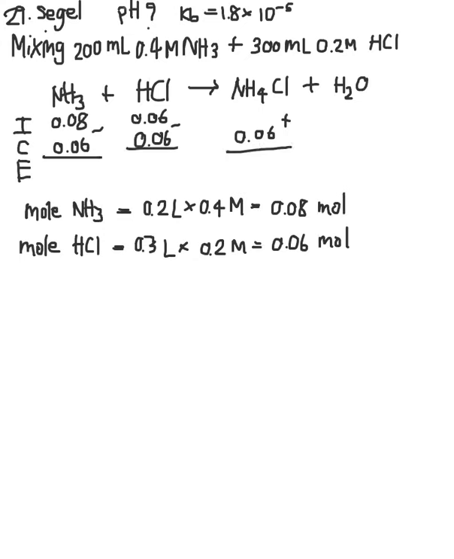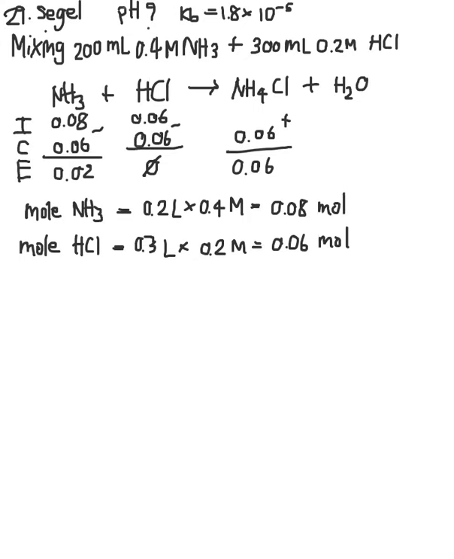So at equilibrium, hydrochloric acid will be 0, right? But ammonia is left at 0.02 moles, and you also have ammonium chloride at 0.06 moles. So we have two chemicals at equilibrium conditions: ammonia and ammonium chloride.